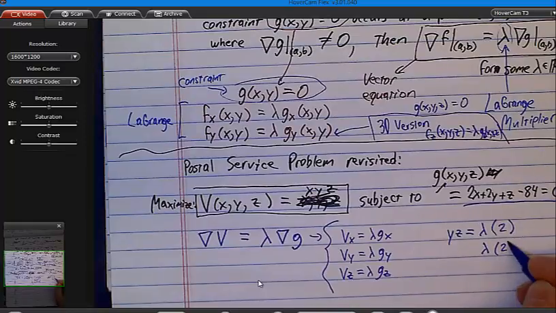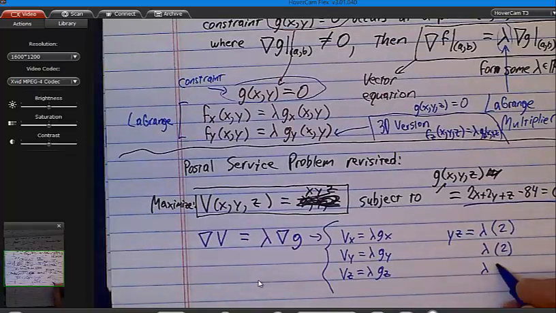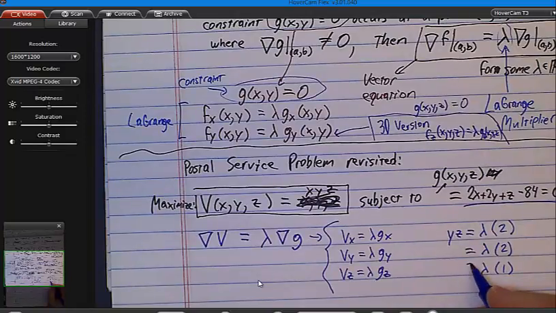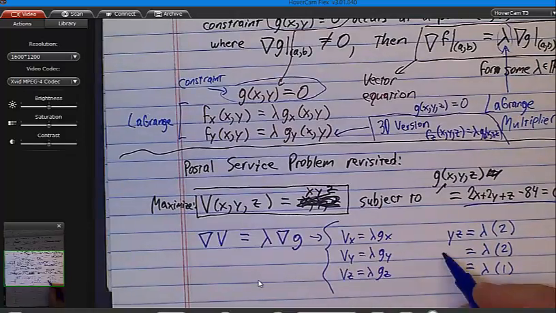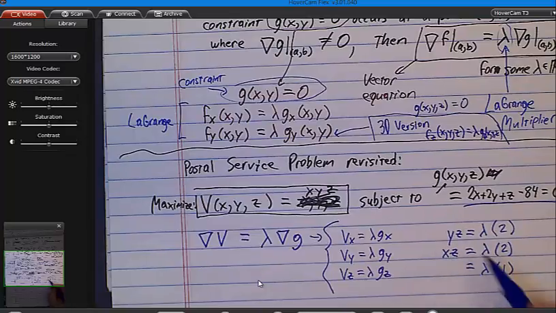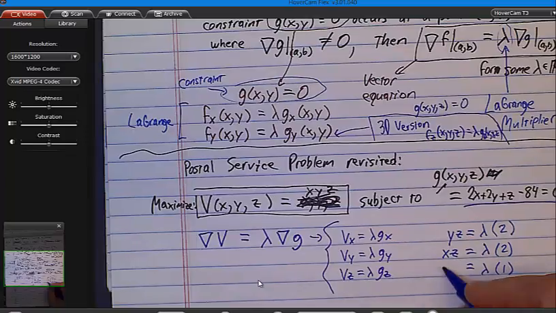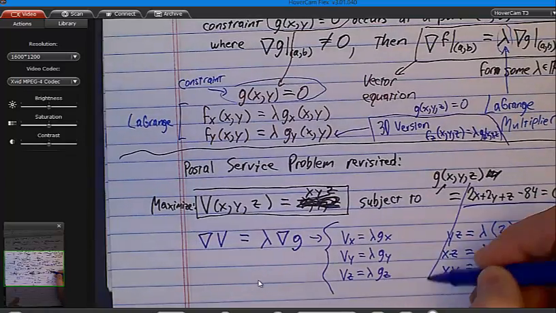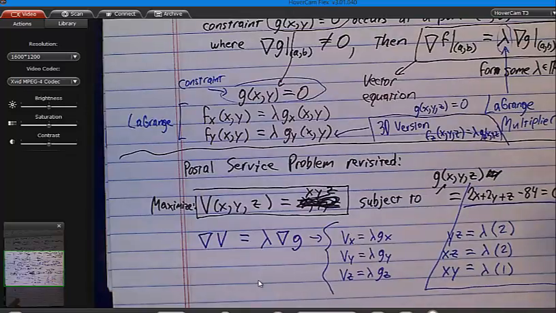You're right. This is going to be a 2, and this one's going to be a 1 when I take gz. Let me complete the system of equations here. What would be vy? Well, that's pretty easy. That's x times z, right? And what would be vz? xy. And so here is my system of equations. I have the constraint, and I have 3 other equations.